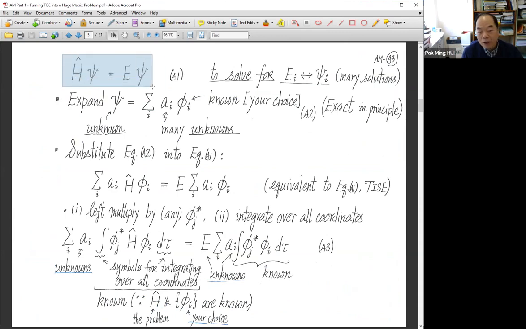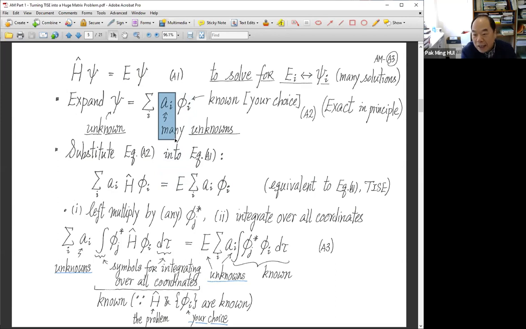This is the equation we want to play with. Now we pick our bases. First step, expand the unknown eigenfunction into the bases. I'm afraid that you get lost, so I always label to you what the unknowns are.